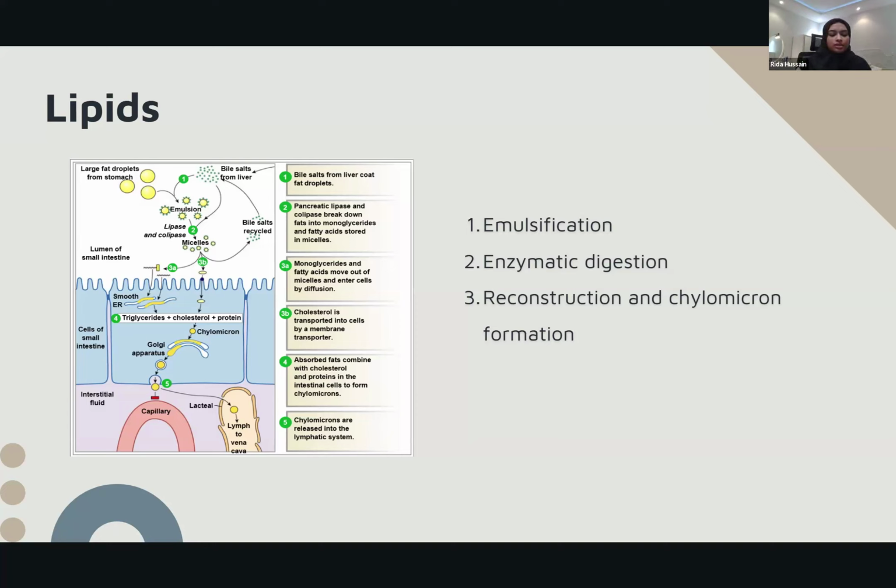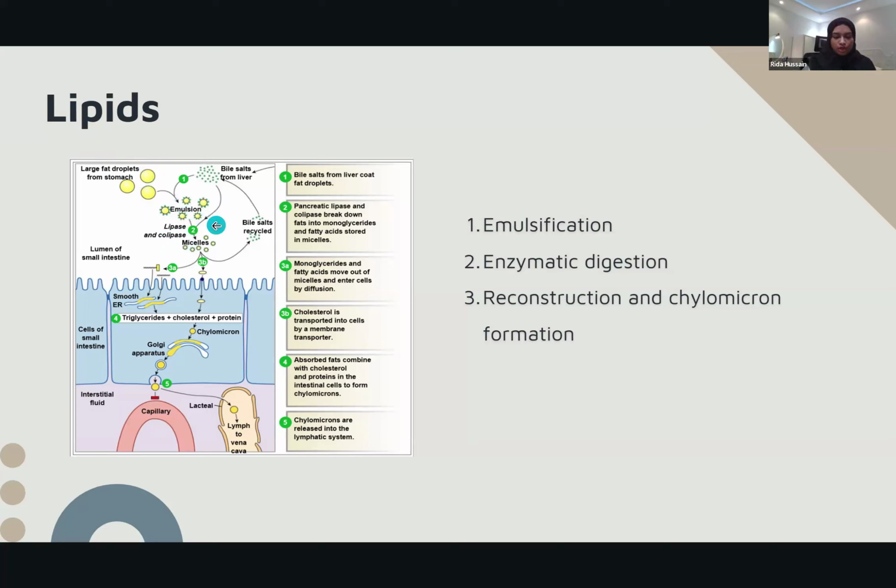So they form a membrane and a structure called a micelle, and they entrap lipids into a micelle, breaking them down. Basically, they're not broken down chemically, but they're formed into smaller droplets. So big droplets form smaller droplets, which are called micelles.